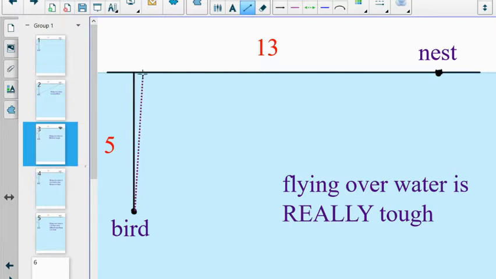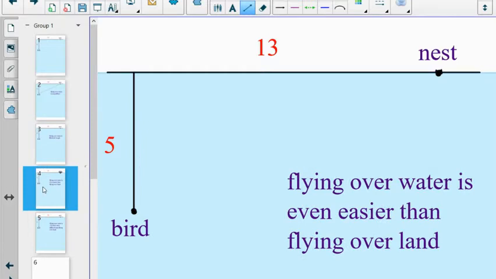And at least we can see something that's going on. And then from there, it takes off and it heads straight to the nest. It's flying a greater distance, but it's minimizing the amount of time or energy that it's taking flying over the water. Another scenario that isn't covered by the book, what if it's even easier to fly over water than flying over land?